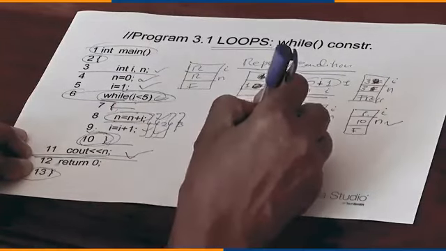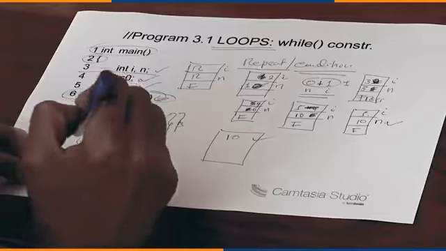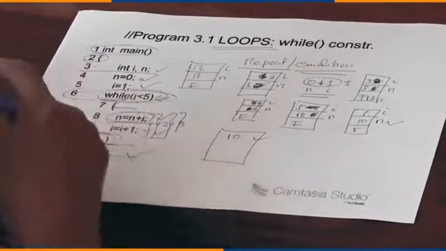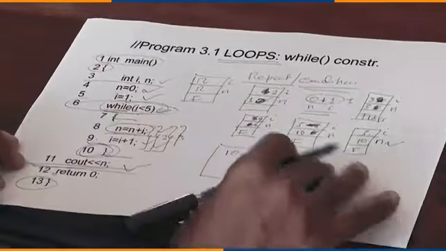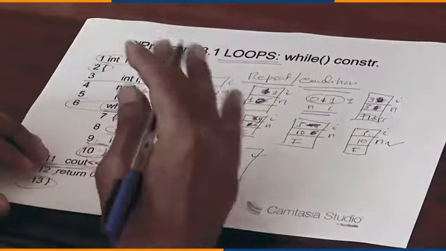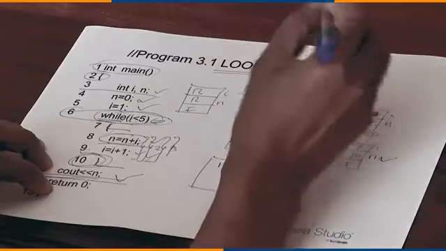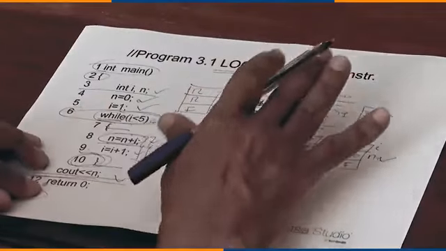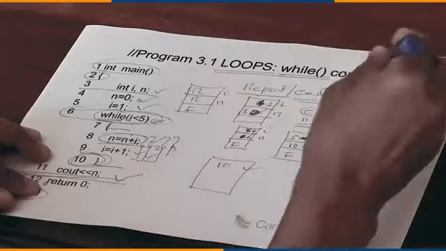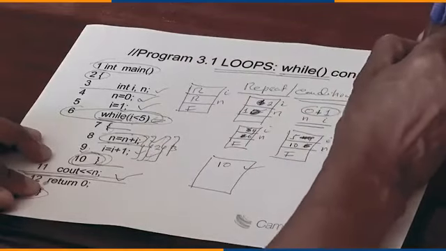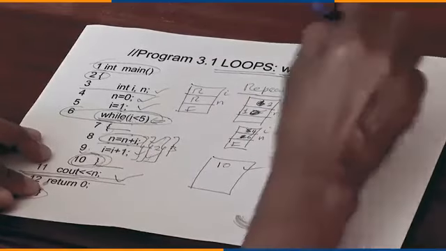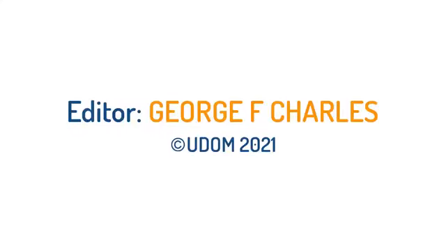And the program comes to an end in line number 12. That is how our loops work, and here we have used the while construct. In the next example, we shall see the same scenario using a for construct. Thank you.